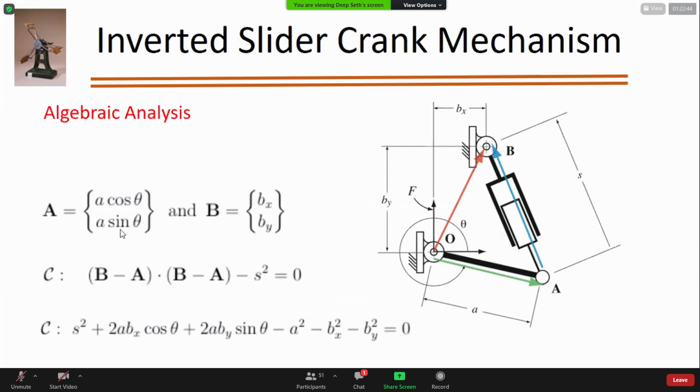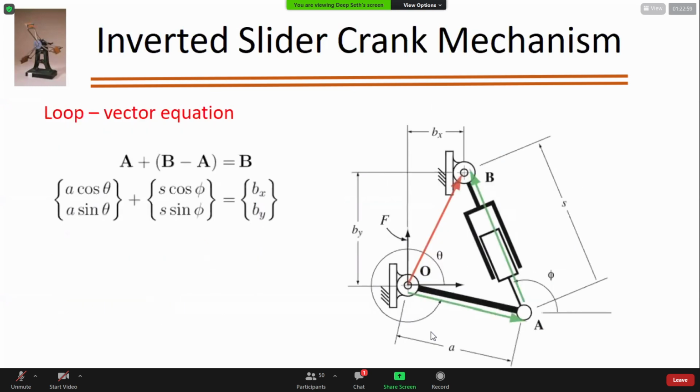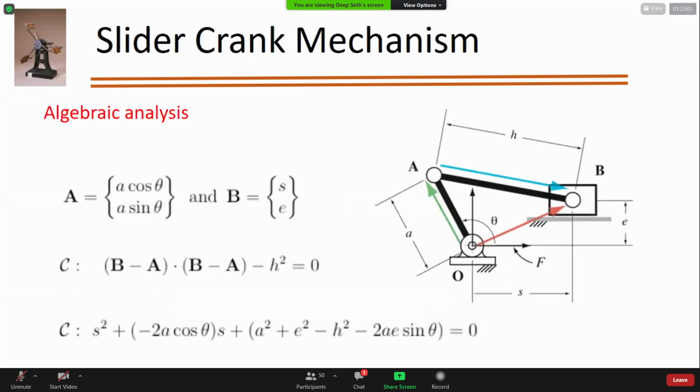It's similar. You just have to enter B and A in the form of the given values: S square plus 2AB_X cos theta plus 2AB_Y sin theta minus all this, and you get the constraint equation. Just remember previously when we had this example, we had this constraint equation.